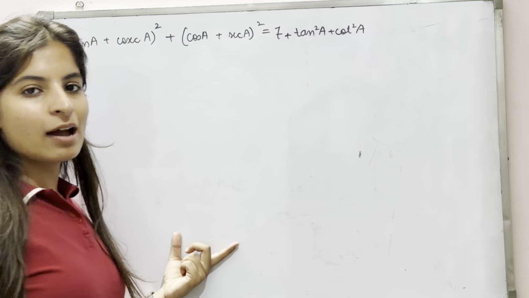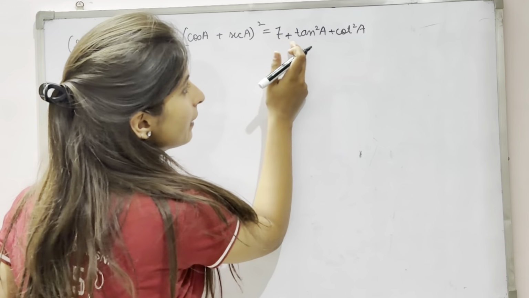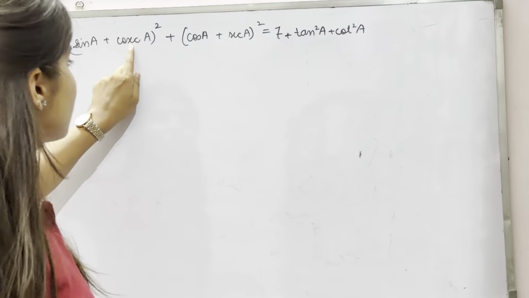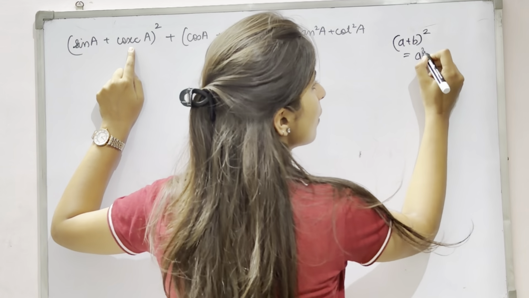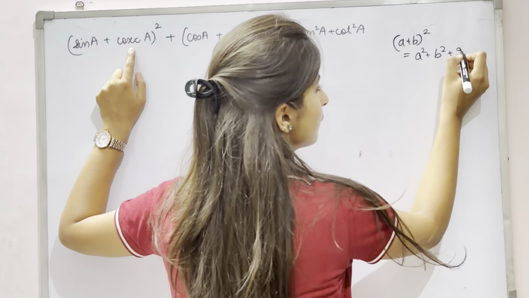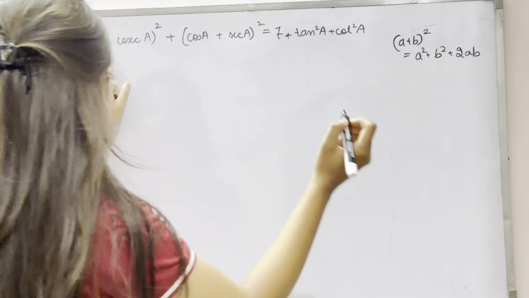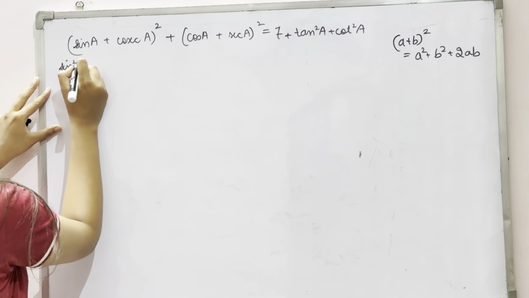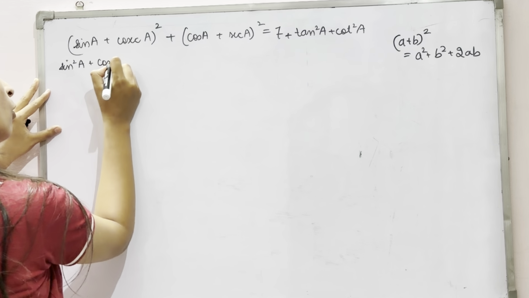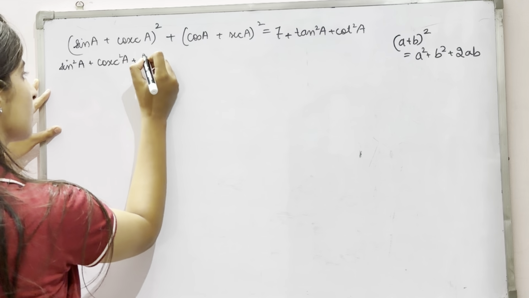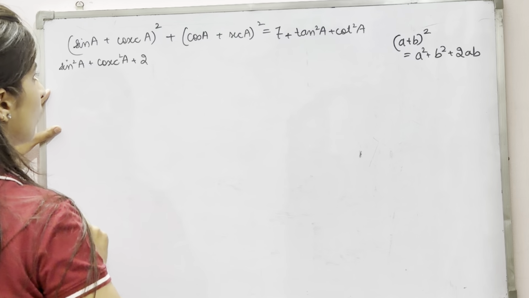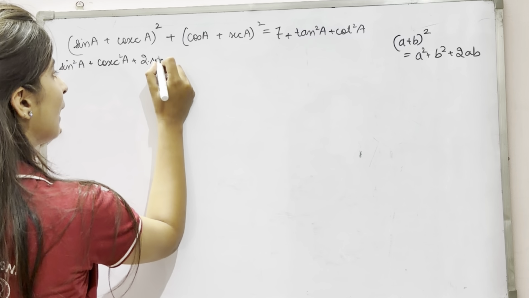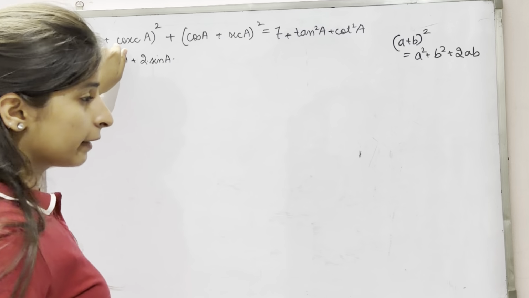So this is what we have to start. We have to prove left side equal to the right side. First of all, I am using the identity a plus b whole square equals a square plus b square plus 2ab. So this becomes sine square a plus cosecant square a plus 2 times sine a cosecant a.